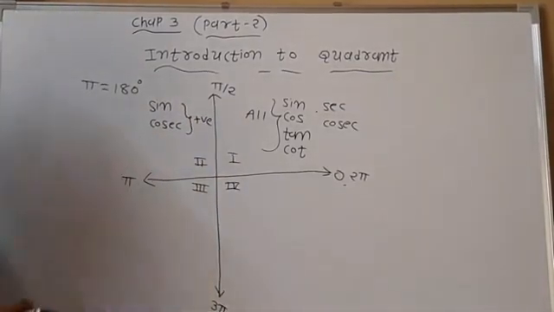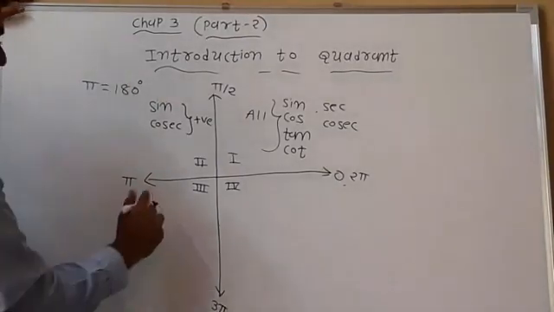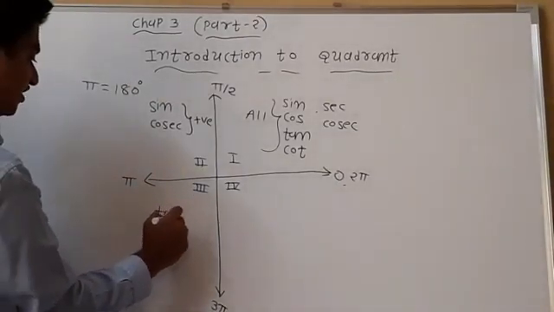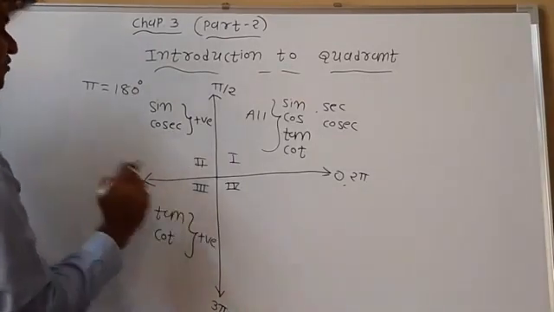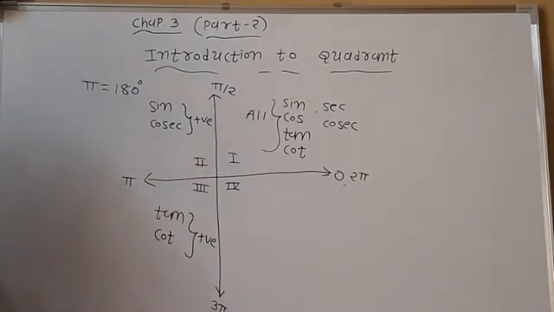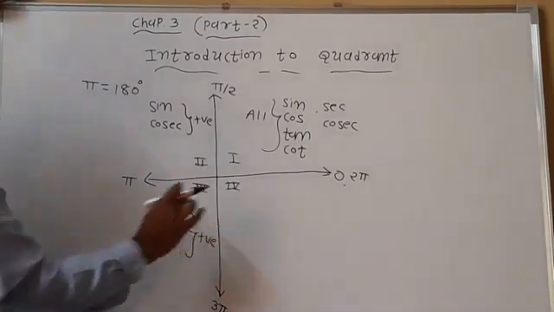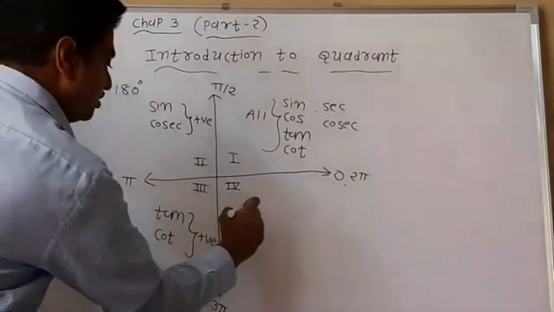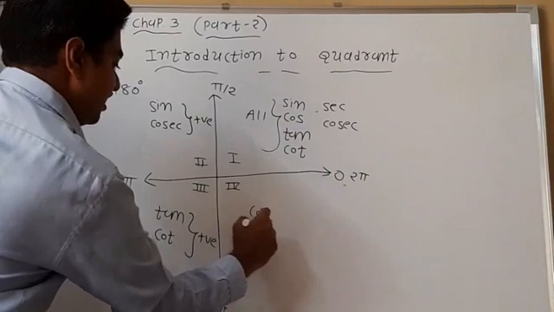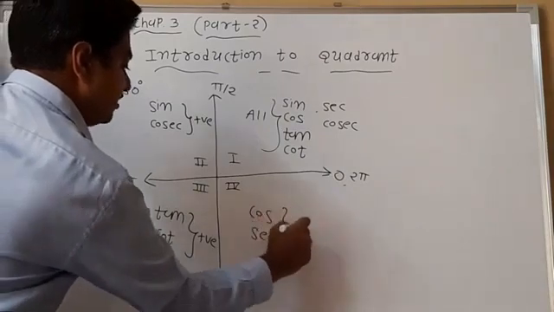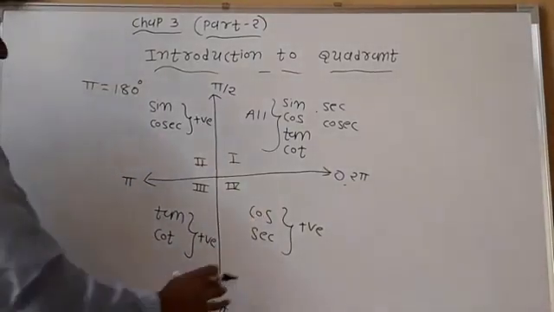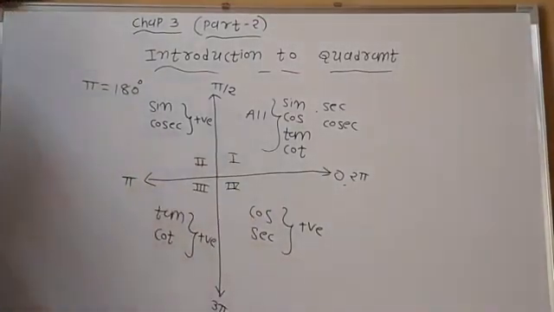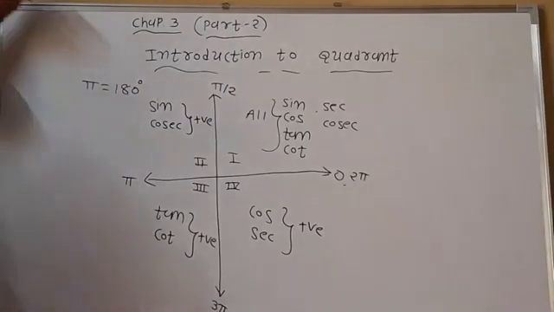In the third quadrant, tan and cot functions are positive and the remaining 4 functions are negative. In the fourth quadrant, only 2 functions, cos and sec, are positive and the remaining 4 functions are negative.